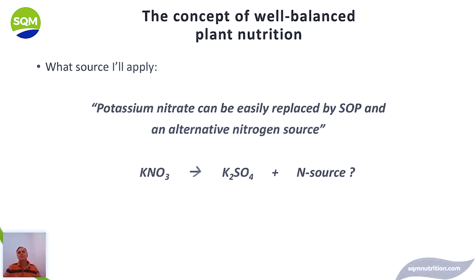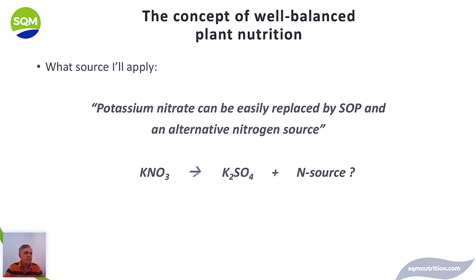So the last point that I mentioned, which for me is the most important point, is what source I will apply. When we think about the source that we apply, it's about the minerals that we apply.